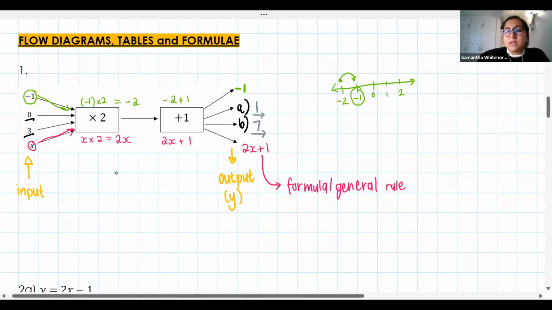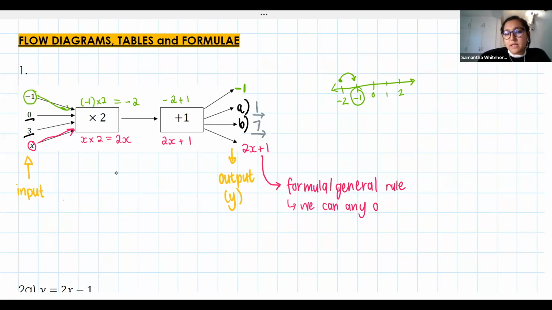So basically what this allows us to do is we can now find any output for a given input. I'll explain what this means now if it isn't making sense. And we can find any input for a given output.